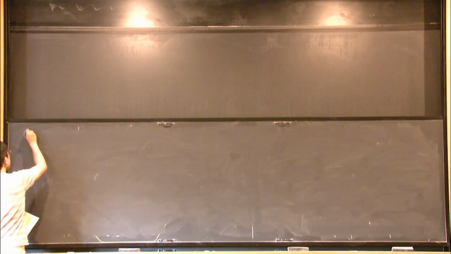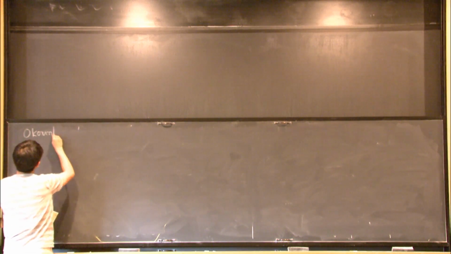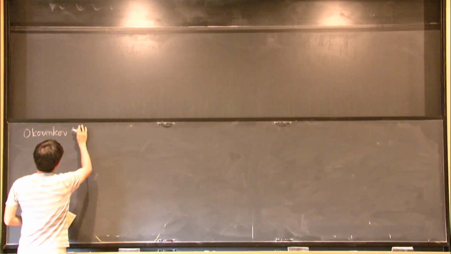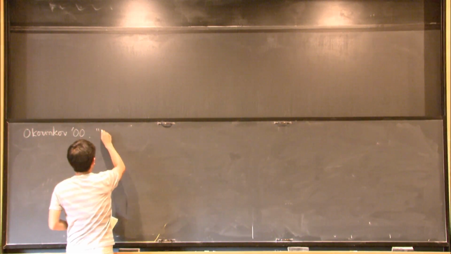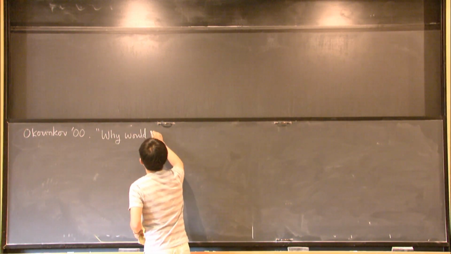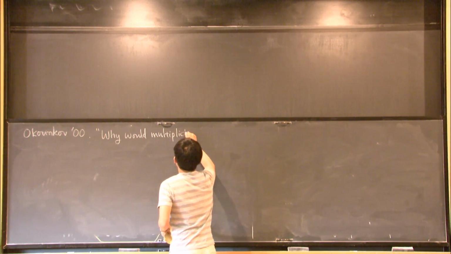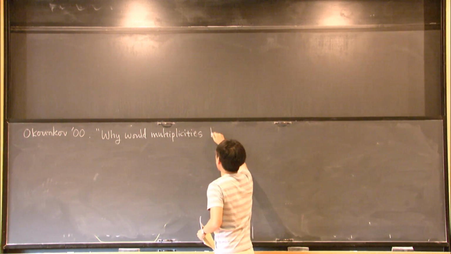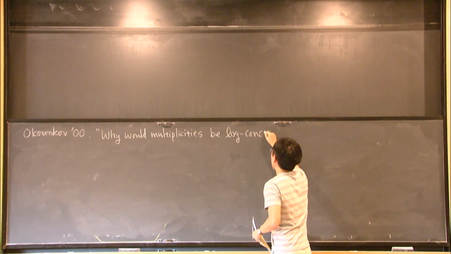And in 2000, Okounkov wrote an influential article titled "Why Would Multiplicities Be Log-Concave?"